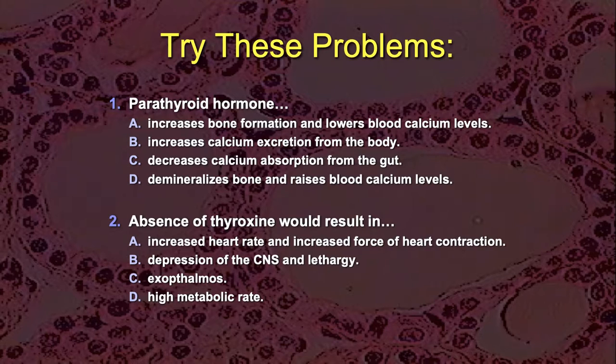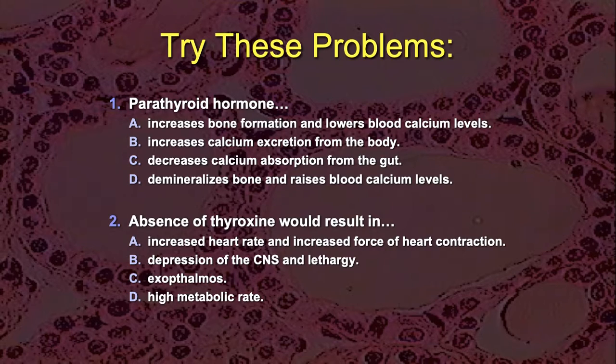All right, number 2, absence of TH would result in... okay, what does TH do? It increases metabolism. So your heart rate, increases heat, things like that. So if you don't have TH, are you going to have an increased heart rate?